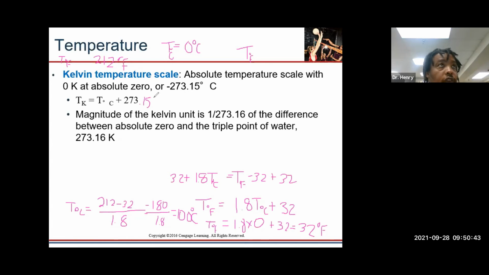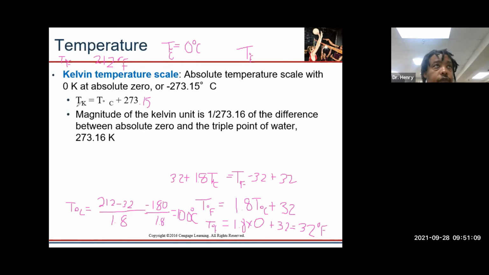So if we want to base it upon that absolute zero scale, then T Kelvin is going to be equal to TC plus 273 degrees. That would convert us from Celsius to Kelvin.